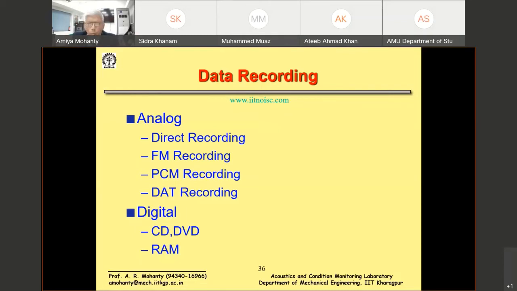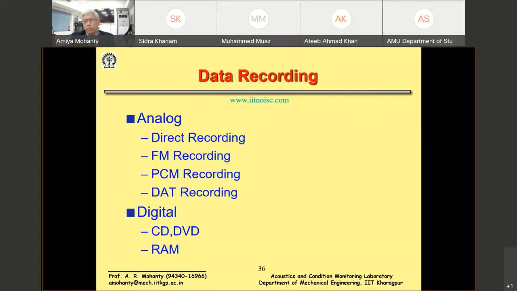So A to D converters were available, but not commercially popular until the mid 80s. A company in USA, National Instruments, who are very world famous now, came up with a software called LabWindows somewhere around 1985, 86.